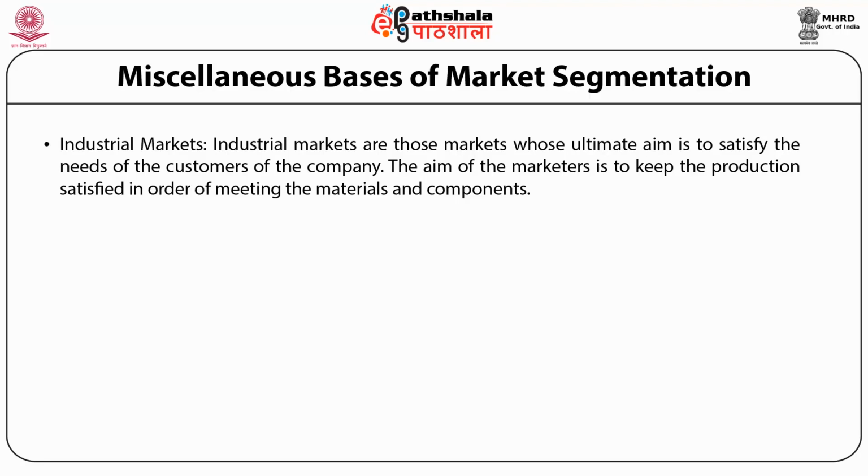Industrial markets are those whose ultimate aim is to satisfy the needs of the business firm's customers, who are the industrial buyers. The aim of the marketer is to keep production satisfied by meeting the needs for materials and other components.